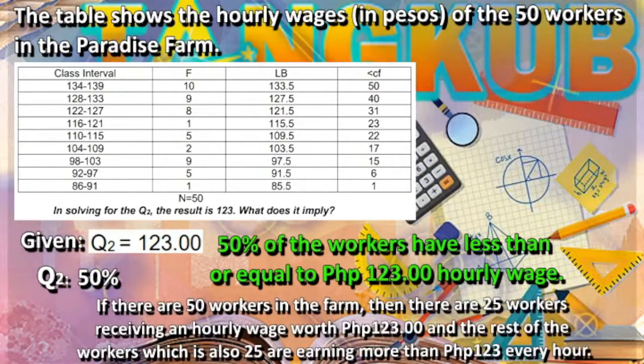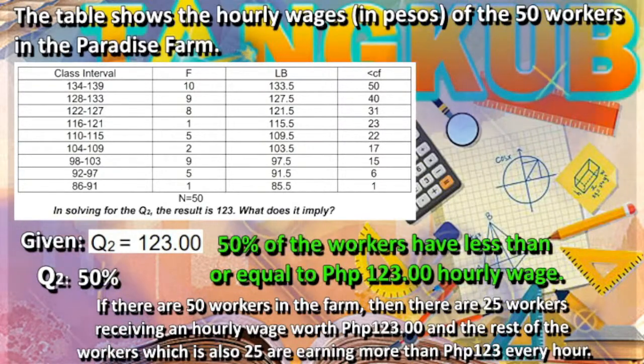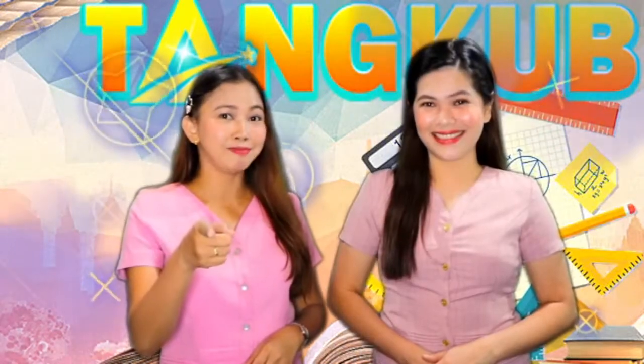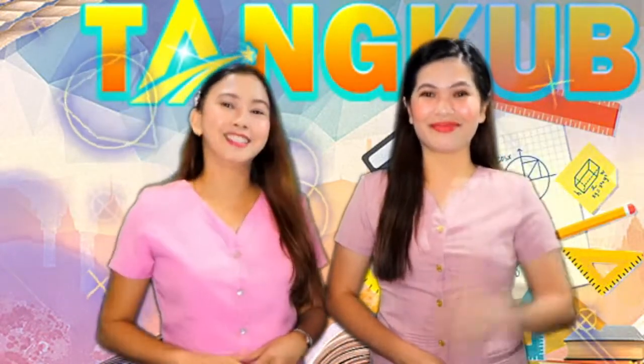Now, if there are 50 workers in the farm, then there are 25 workers receiving an hourly wage of 123 pesos, and the rest of the workers, which is also 25, are earning more than 123 pesos every hour. Do you get it? Good!